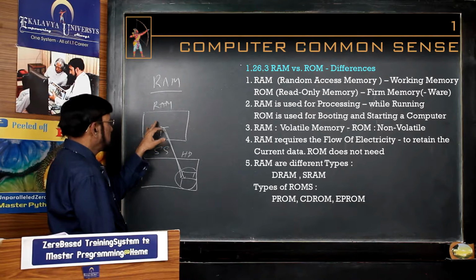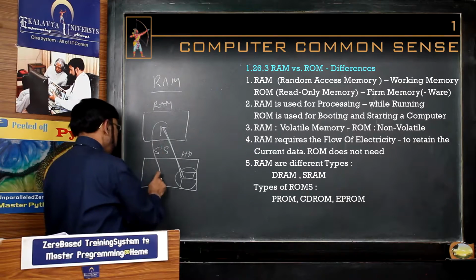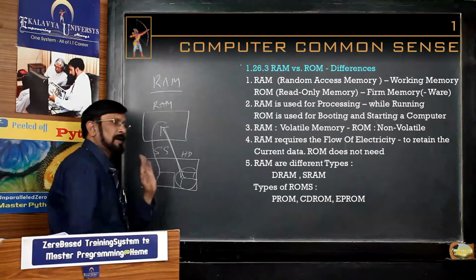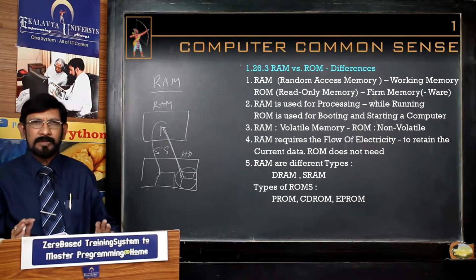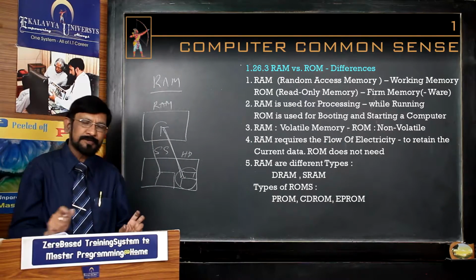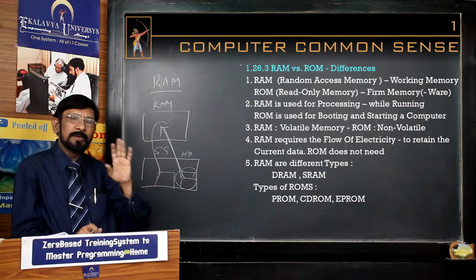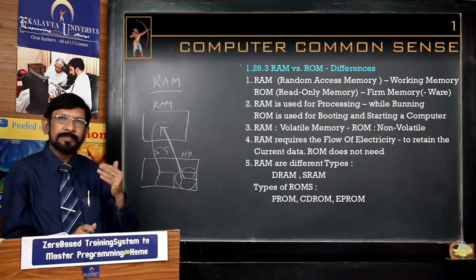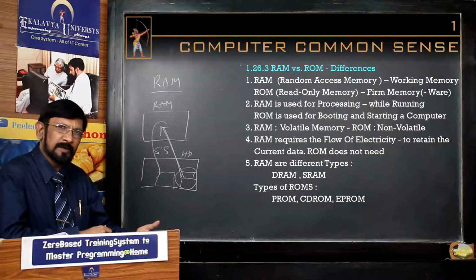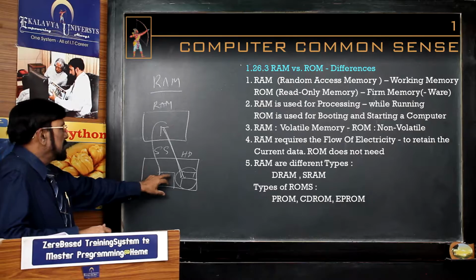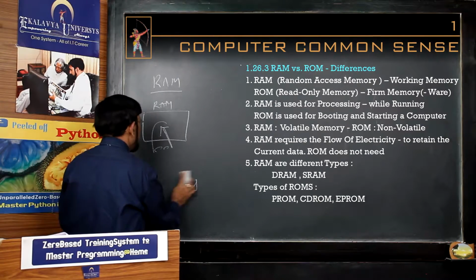Thereafter, if you want to store the latest data, then again you can store it here on the hard disk. So whatever data is to be processed, the data and corresponding instructions should be transferred to RAM. There only processing will be done. Thereafter, if you want to store the semi-processed or finished data, again you can store it on the hard disk. That point you must remember.